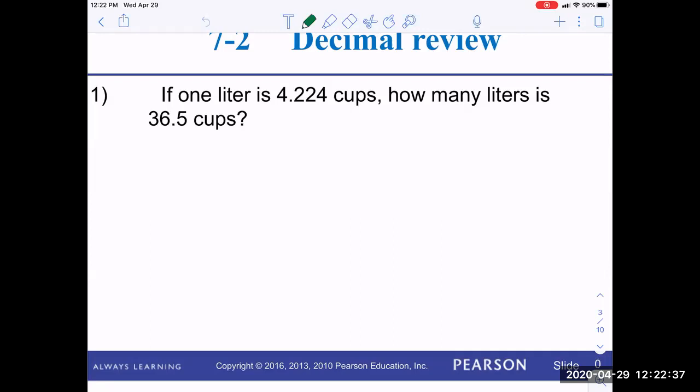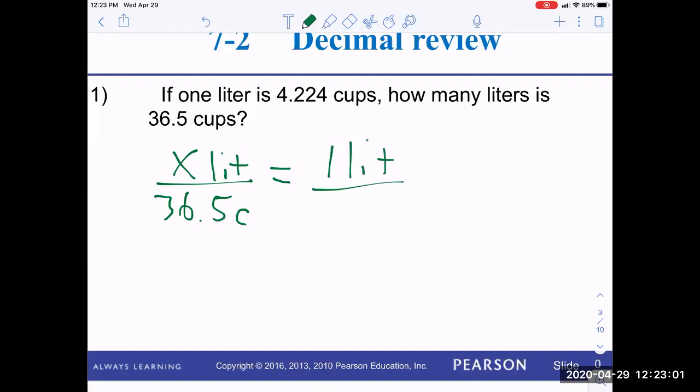I'm looking for liters, so I'm thinking x liters over 36.5 cups. Well, I know the 1 liter is in 4.224 cups.